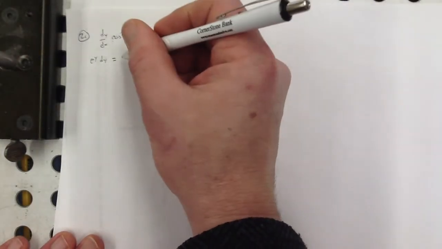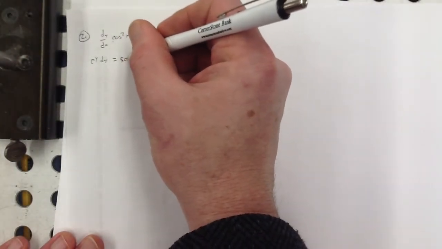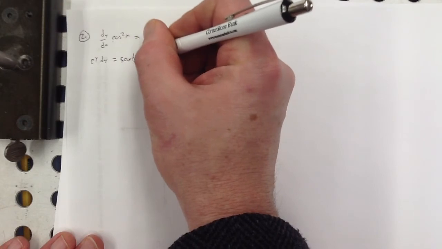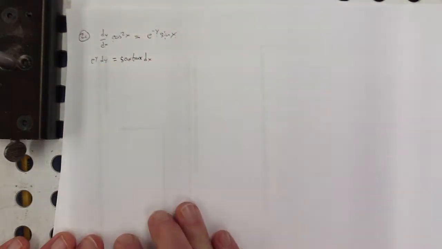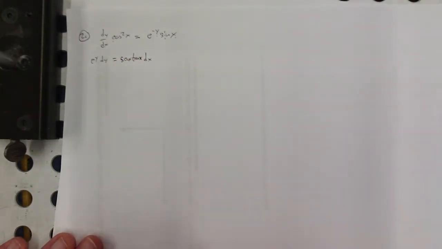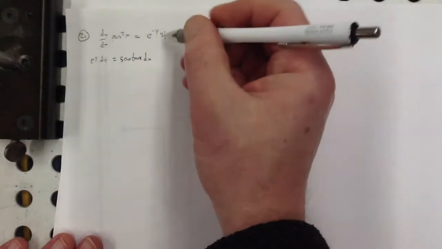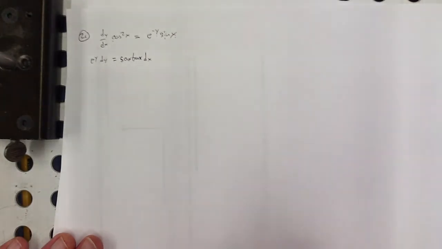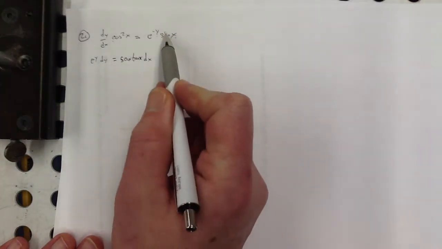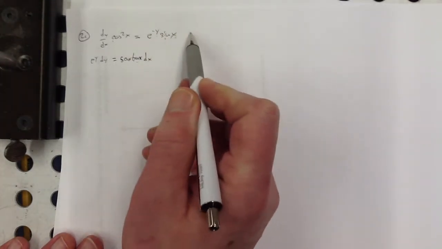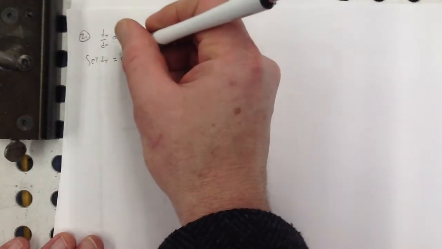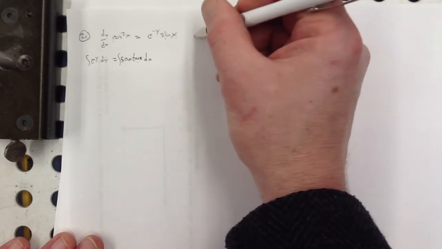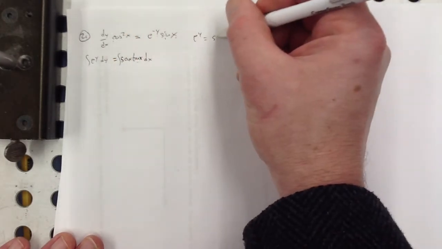After a little bit of trig identity snooping, and anticipating the kind of things that we know and what we're able to do, you can see that sine x over cosine squared x is the same as sine over cosine, which is tangent, and then the 1 over the other cosine is secant. And that's good news, because I know that the antiderivative of e to the y is that, and the antiderivative of secant tangent is secant.